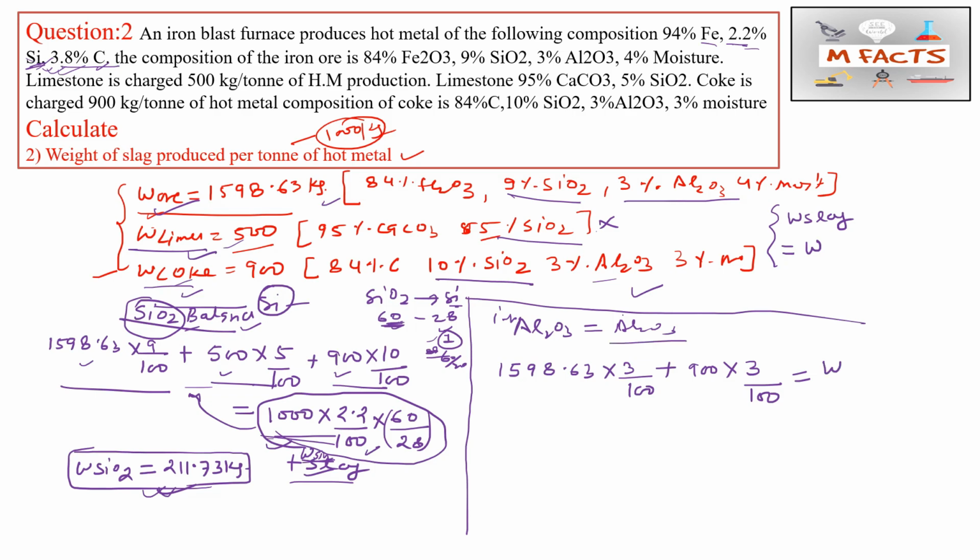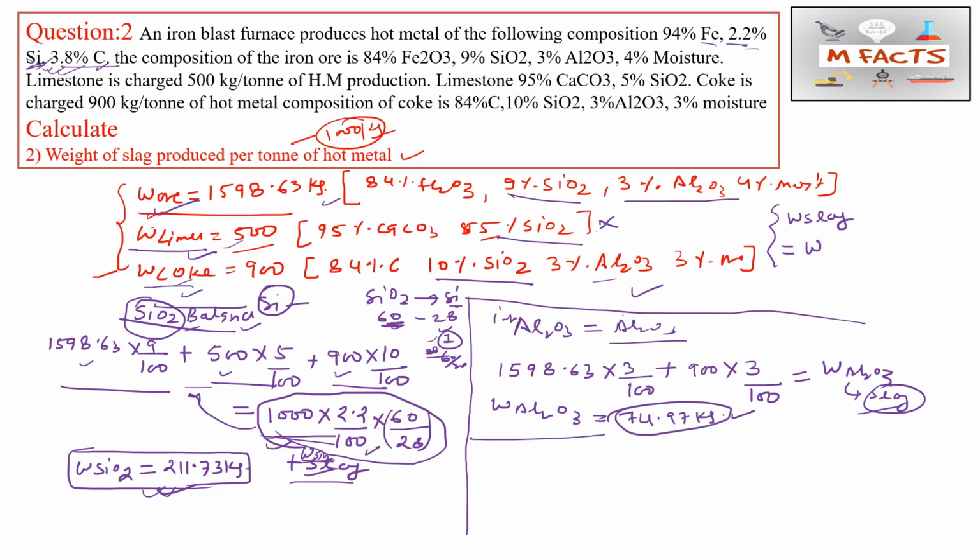So this weight of Al2O3 that will go in slag, I am writing directly here, will be equal to 74.97 kgs. Okay, so we got this value also.